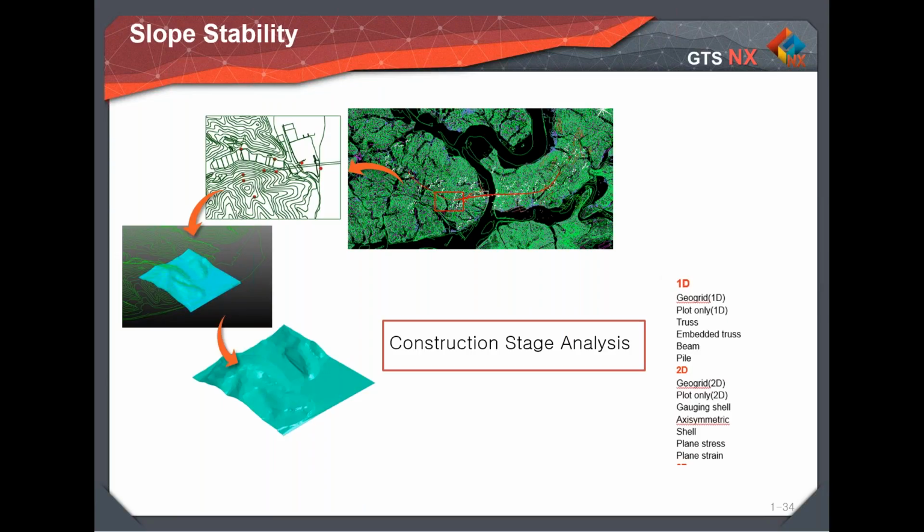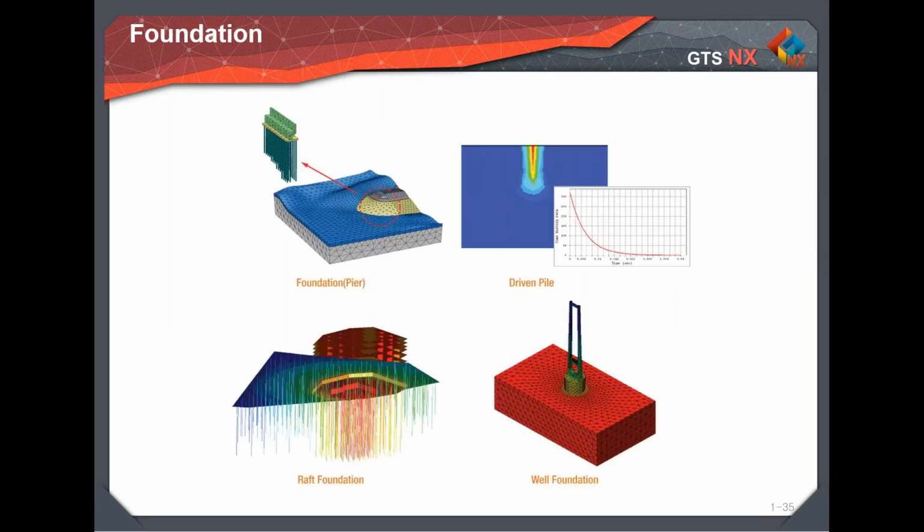Many a time a 2D problem cannot simulate the actual field condition, so this helps you understand if you have any local slope failure. Construction stage analysis, as I already mentioned. Then you have various tools to model the geogrid, the nails or the reinforcement which you are considering to check the effect on slope stability analysis.